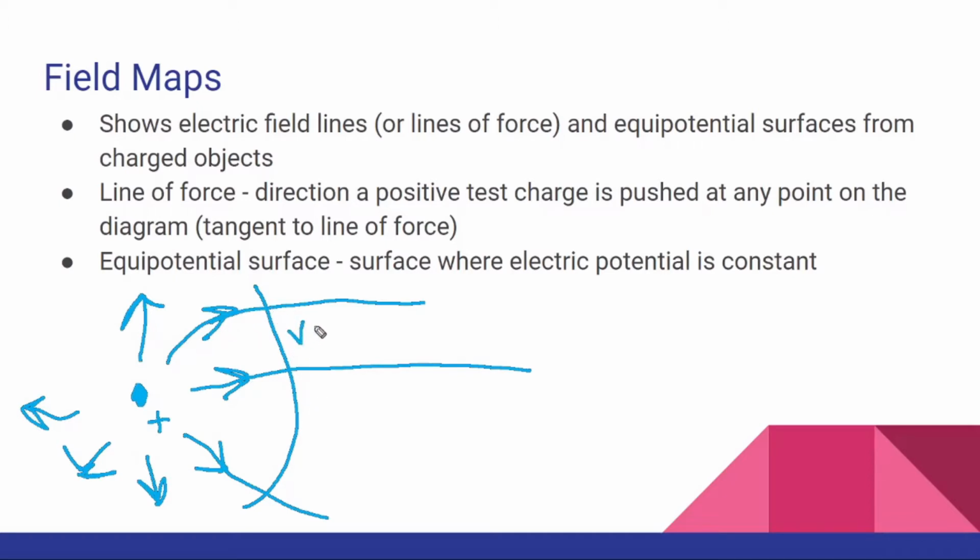For example, this could be 5 volts. Farther out could be 4 volts. You will notice that as you get closer and closer to the center, the equipotential surfaces get closer and closer together.